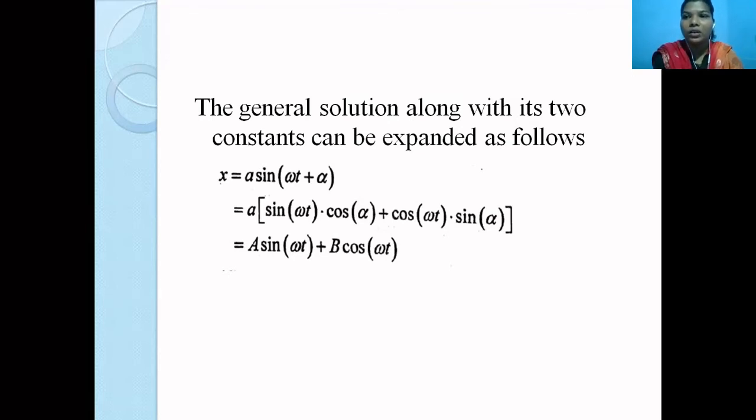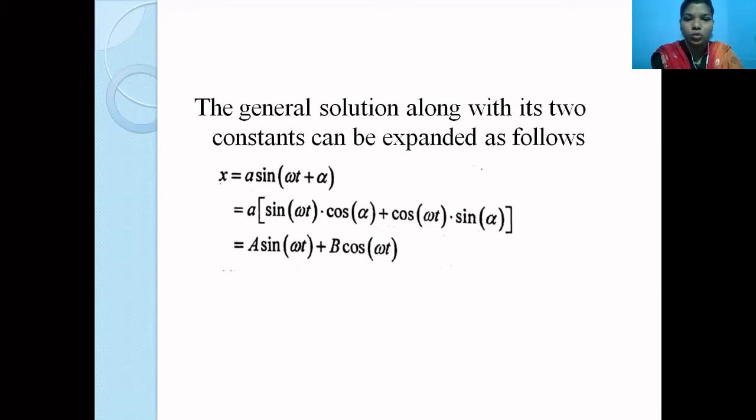Now, if you relate these two formulas together, we see that a is equal to omega t in this case, and b is equal to alpha. So all you need to do is substitute omega t in place of a and alpha in place of b. So the formula that I get is A, the amplitude will remain outside, sine of omega t cos alpha plus cos of omega t sine alpha.